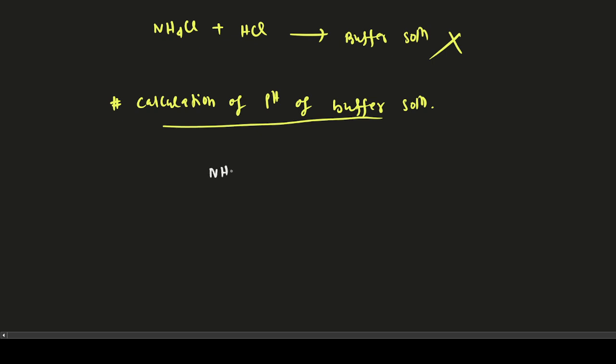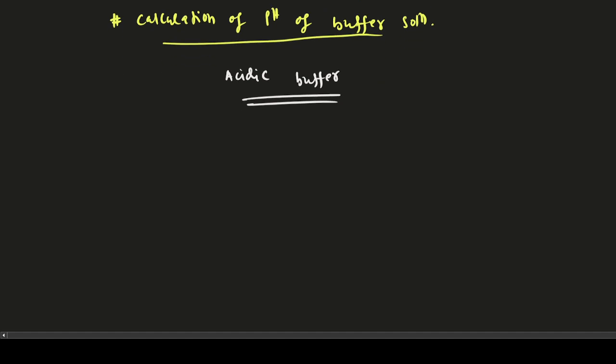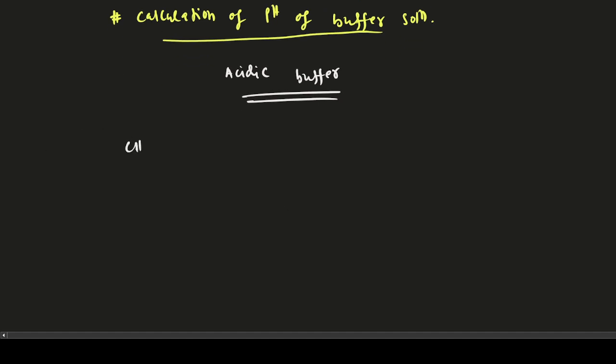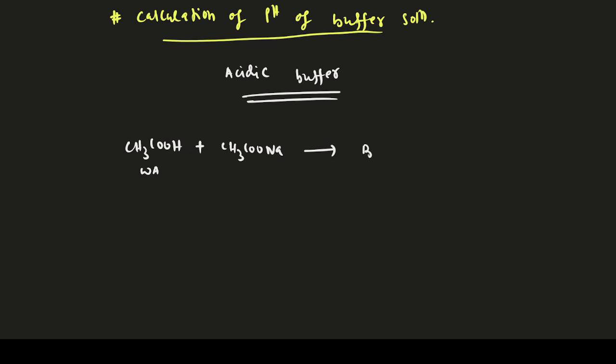Let's say for an acidic buffer, we have CH3COOH, a weak acid, plus a salt that is weak acid strong base, let's say CH3COONa. Then here we can prepare the buffer solution. So how to calculate the pH of the solution?